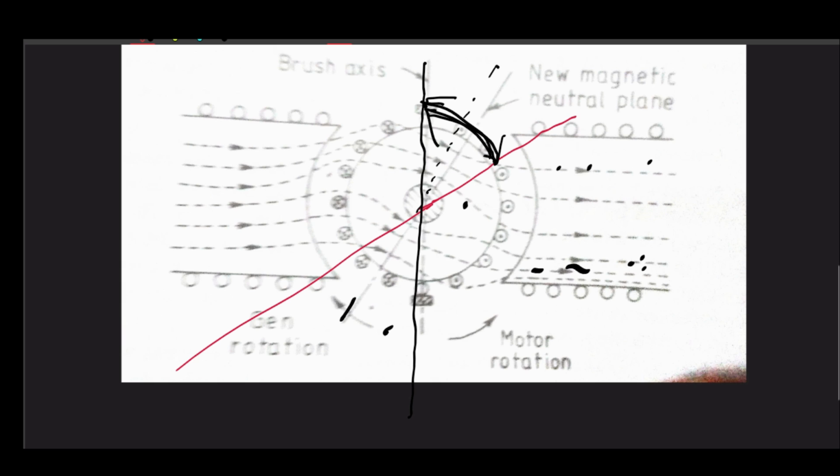Suppose your machine draws 40 ampere current, and based on 40 ampere you find the location of the new magnetic neutral plane, and you place your brush in such a manner that they short these two coils, right? Now this is for 40 ampere. Suppose I want to operate my machine with 15 ampere, there is no harm. But in that case of 15 ampere operation, your MNA will be somewhere here.